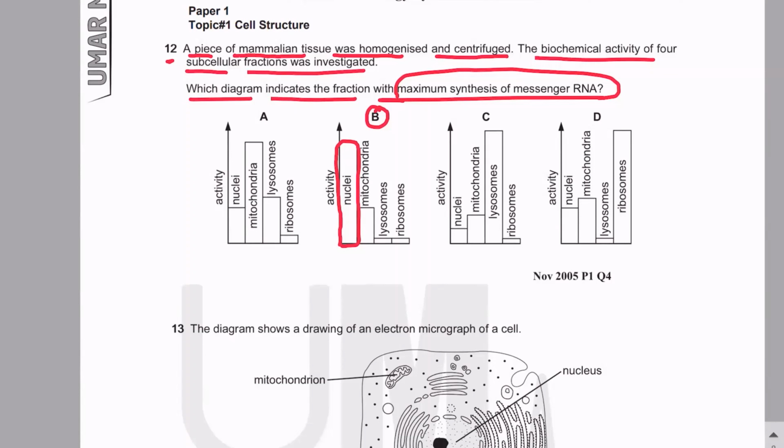Mitochondria synthesizes its proteins as well. Mitochondrion has a circular DNA, and that is also transcribed. It contains genes which are transcribed too, but most transcription occurs in the nuclei. So the answer should be B. Is it okay? Fine. Yes, sir.